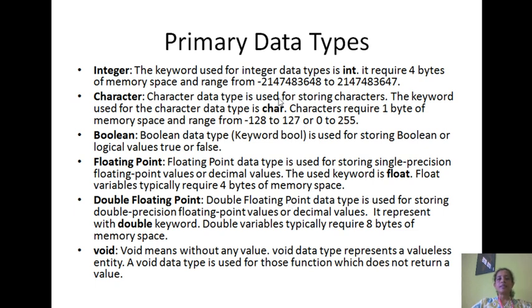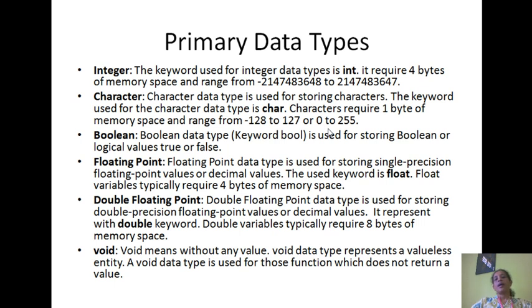Then another primary data type is character. The character data type can store a character value in that particular variable, and it is represented with the help of the keyword char. It occupies 1 byte of memory space, and the range is defined as -128 to 127.